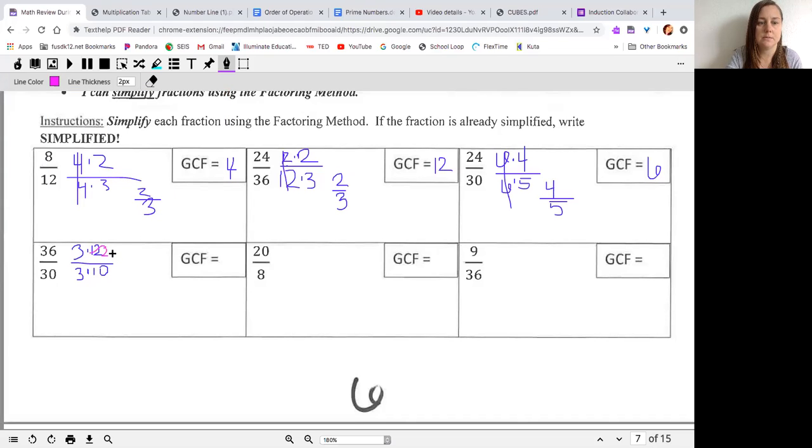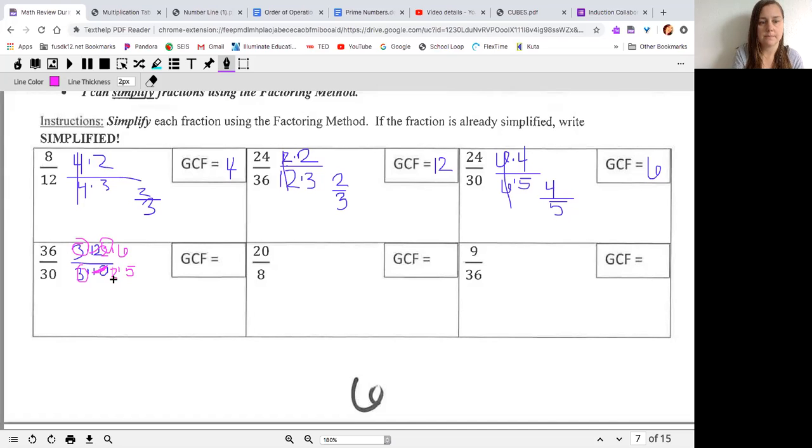Put 2 times 6. I want to show you guys another way we can do this. If we realize that the number wasn't actually the greatest common factor, so 2 times 5 is 10. Okay, so now I'm circling my 3 and my 2.